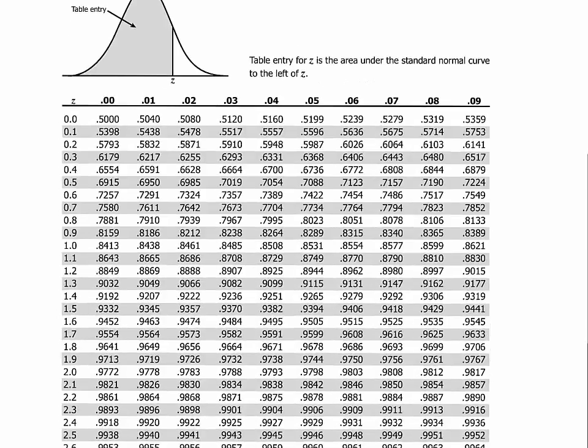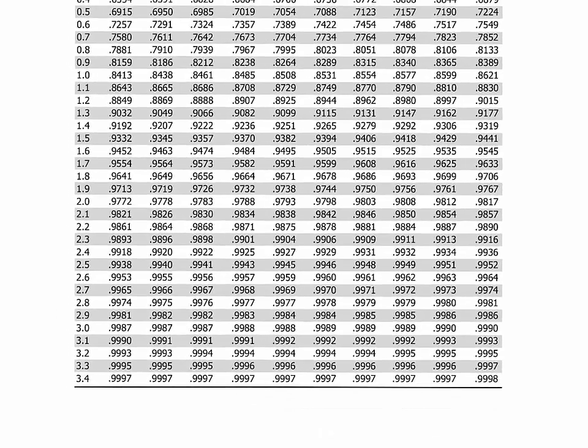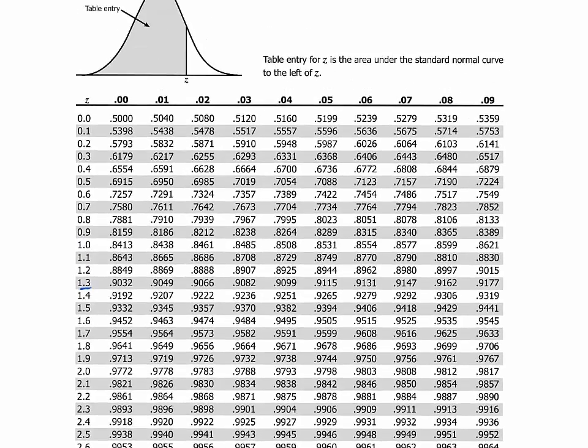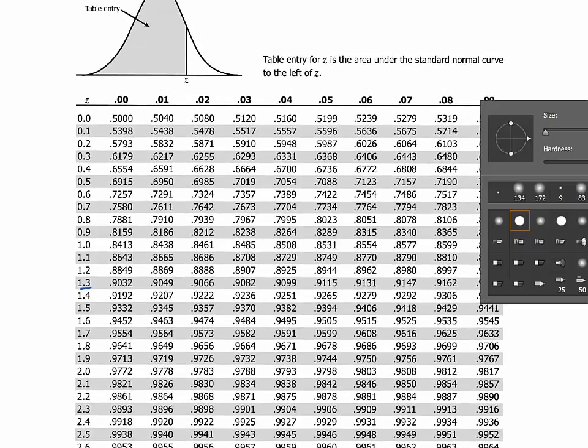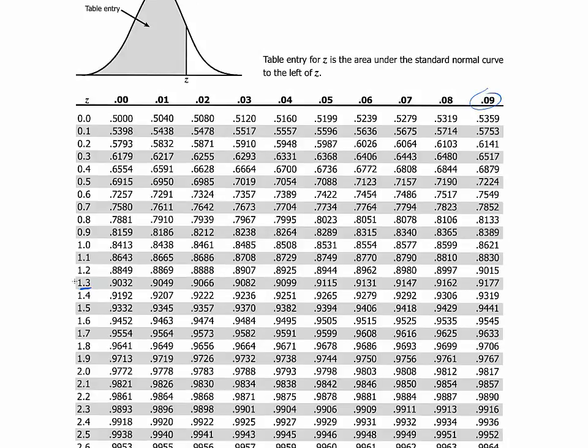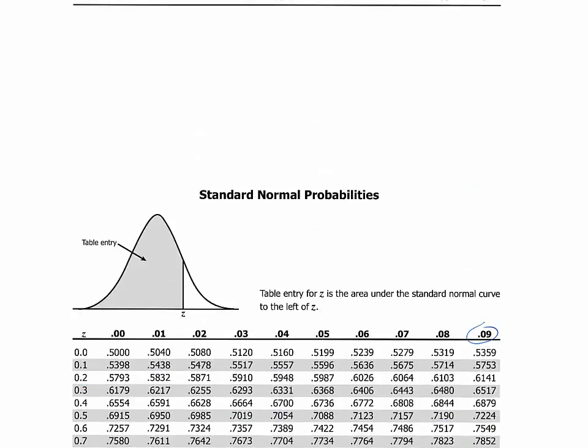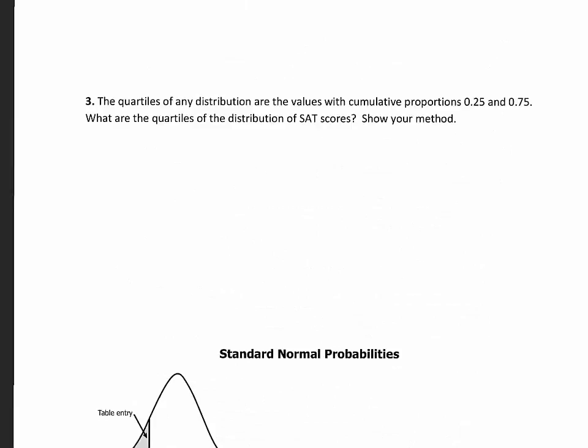So we go here, and 1.3 is in this column. And then we need to go out to the 09, right there. So 1.3 and 09. So we're traveling along. Now we've finally gotten to this column. So that is 0.9177.